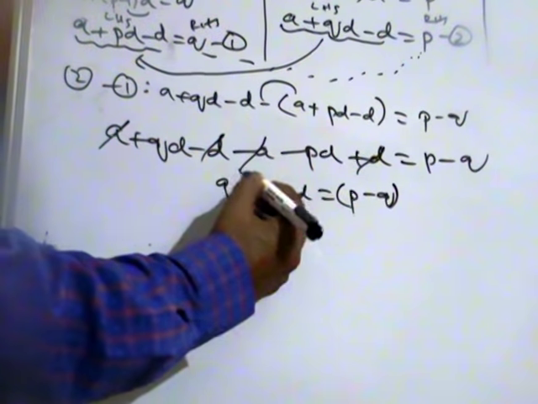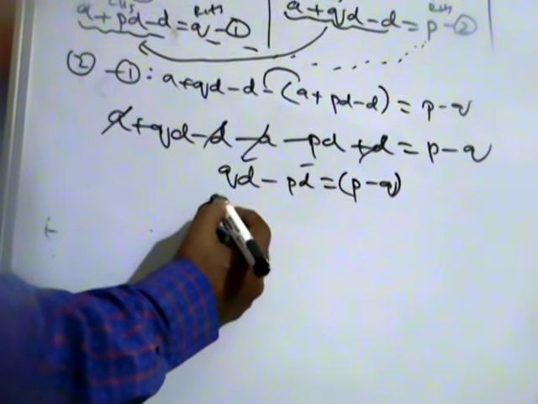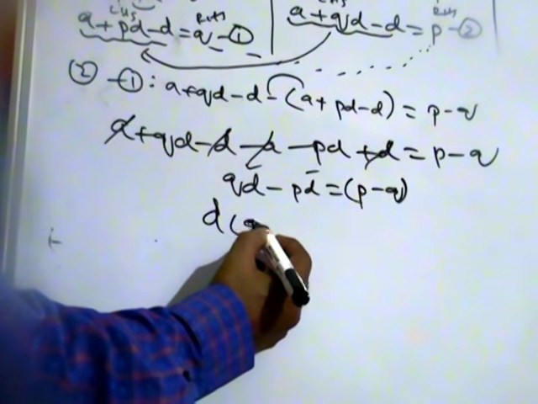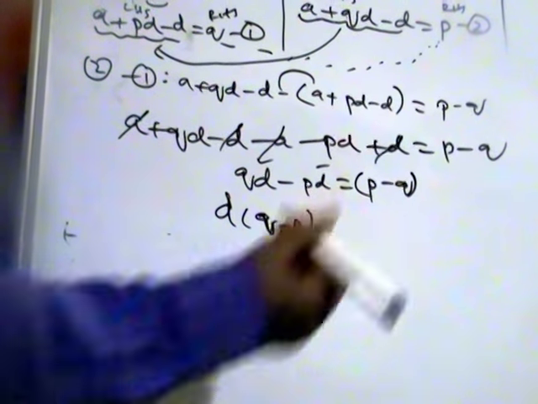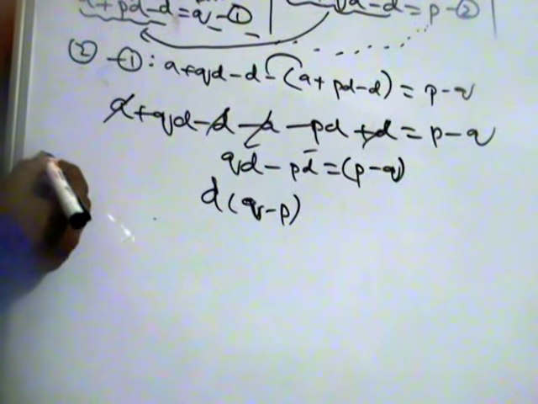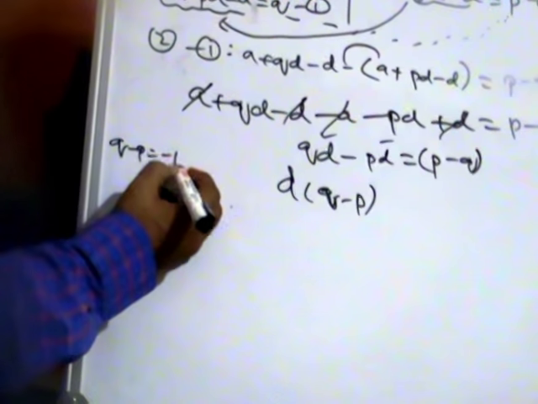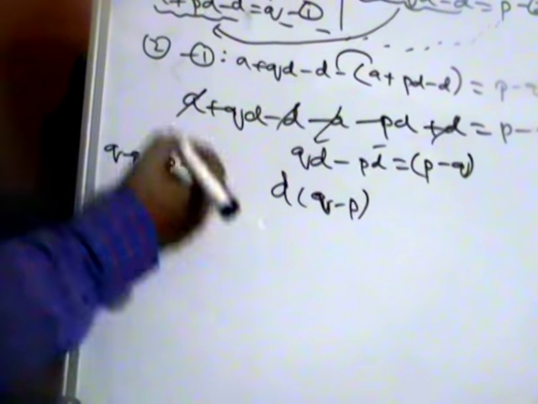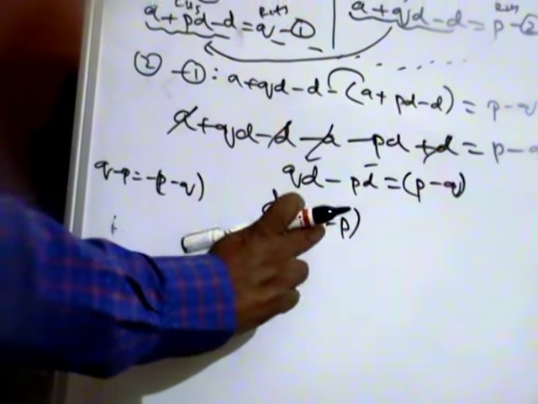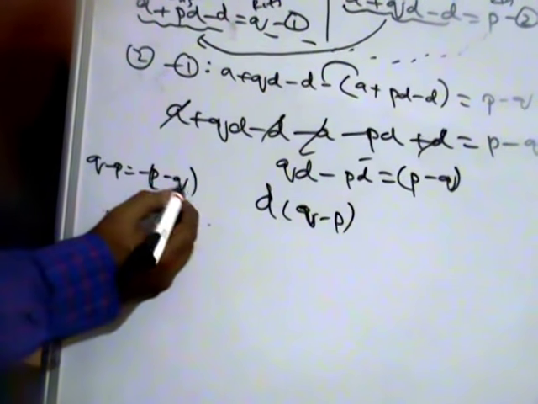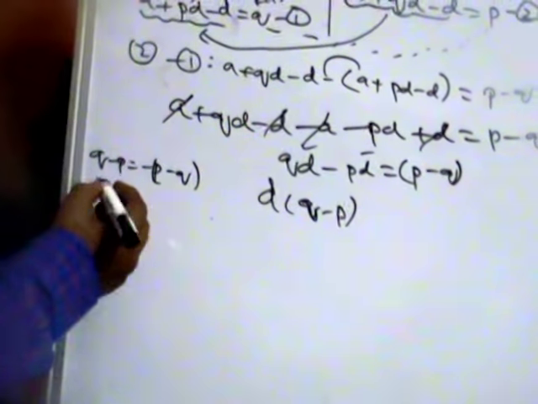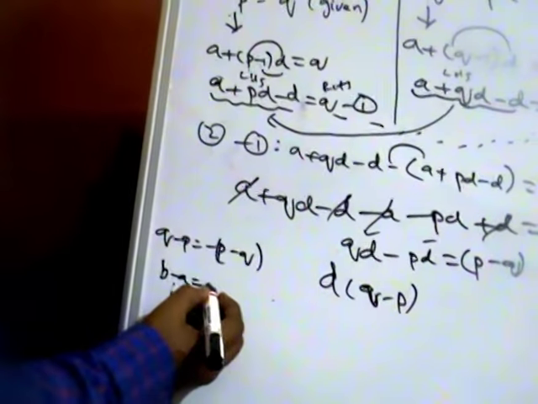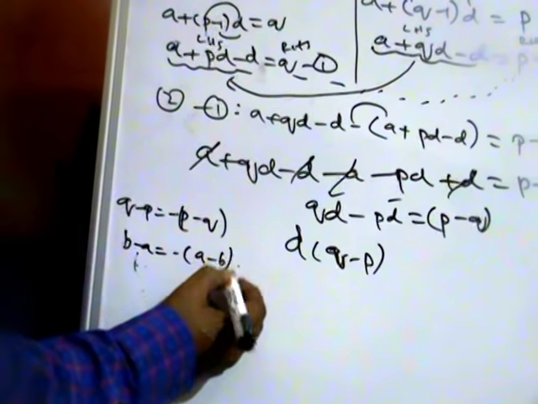Now take D common. When you take D common, you will get Q minus P. Okay, now look here. Q minus P is nothing but minus of P minus Q. Again I repeat, Q minus P and minus of P minus Q are same. For example, B minus A and minus of A minus B are same.